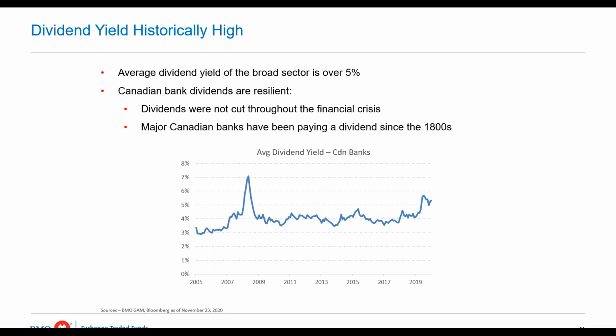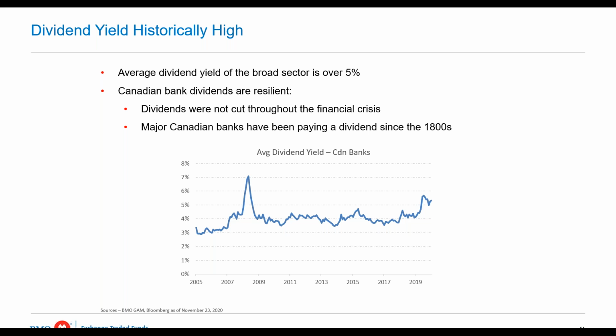The benefit of that is that the capital position of these banks is actually improving right now because they're not paying out additional dividends. They're really just improving their overall balance sheet. But as I mentioned, looking at what the dividend yield is on Canadian banks tends to be a good indicator of what the performance will be going forward.